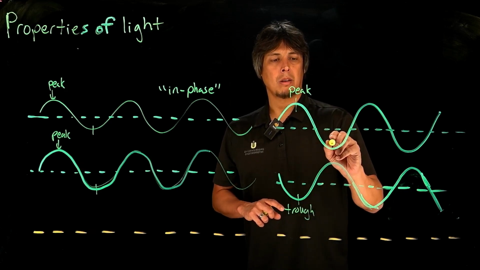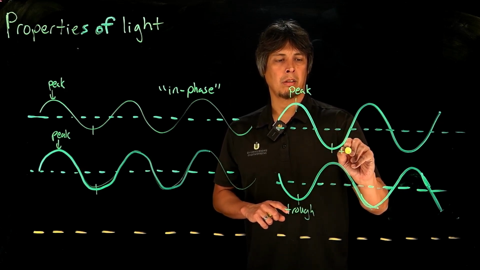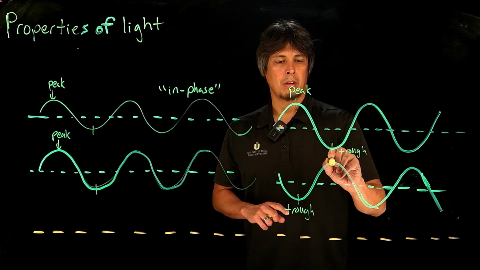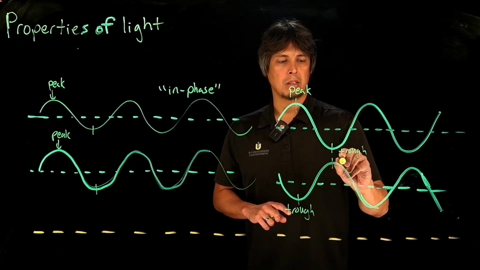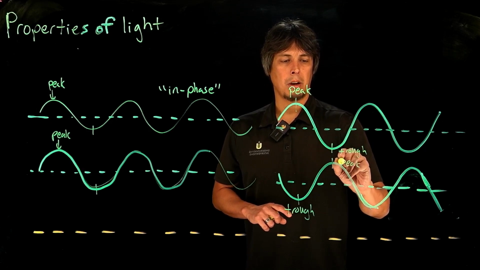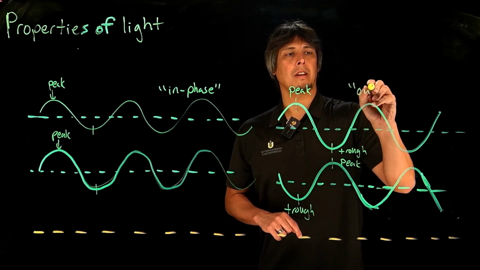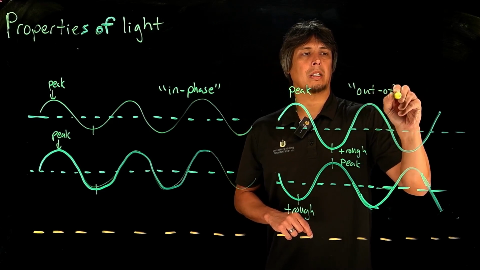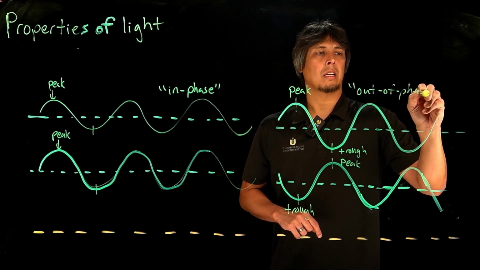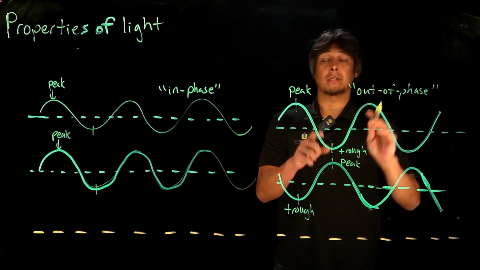And over here, the trough of the top wave is in the same position as the peak of the bottom wave. These we would say are out of phase. Again, the wavelengths of these two waves are identical.